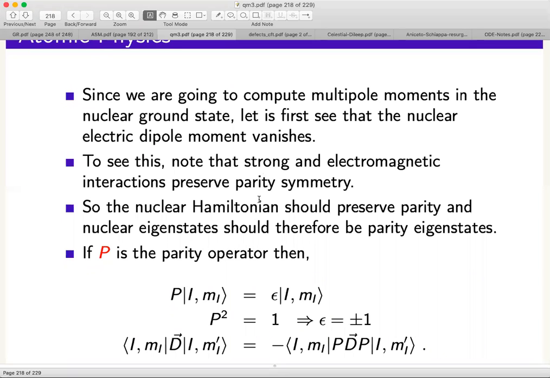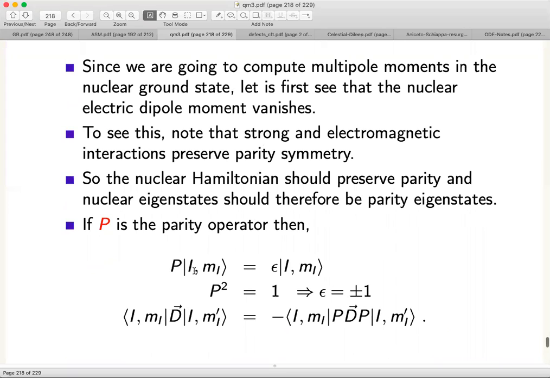If it preserves parity, then nuclear eigenstates should be parity eigenstates. So if P is the parity operator, then acting on nuclear eigenstates written in this particular form, the parity operator would give you an eigenvalue. That eigenvalue, of course, has to be plus or minus 1, simply because the parity operator squares to 1.